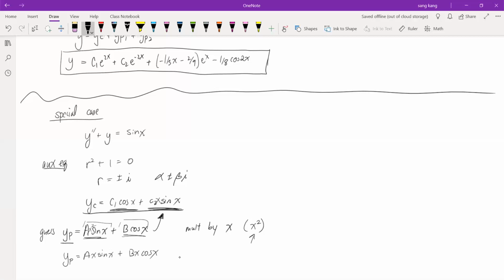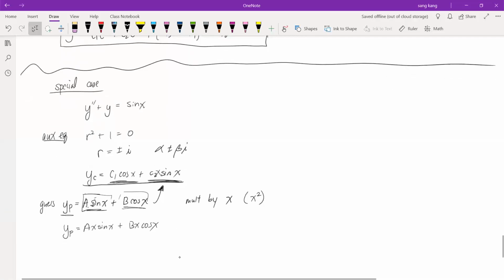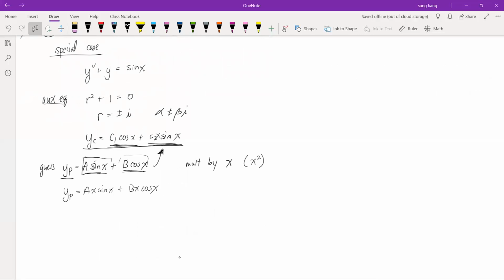So you can try multiplying by x squared. So you have the choice of doing either or. Now that we multiplied through by x, our particular solution is different than our complementary, and now we would go through with solving for the coefficients like we did before.